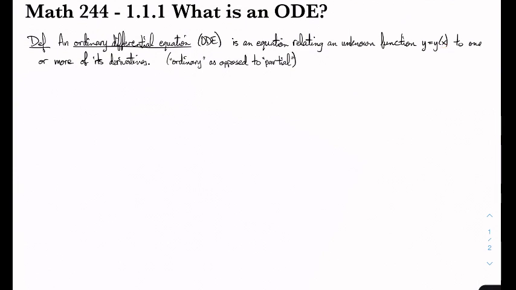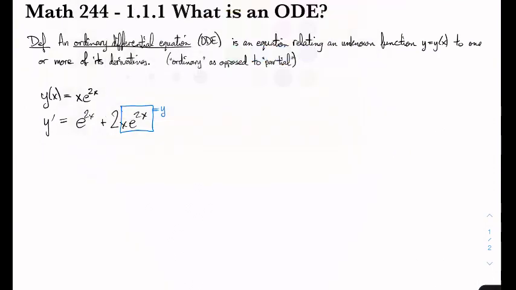So let's see what this looks like in practice. Suppose we have some function y equals x e to the 2x. Now if I differentiate this, then I see that y prime, by the product rule, is going to be e to the 2x plus 2x e to the 2x. And if I look at this part on the right hand side, I see that this is another copy of y.